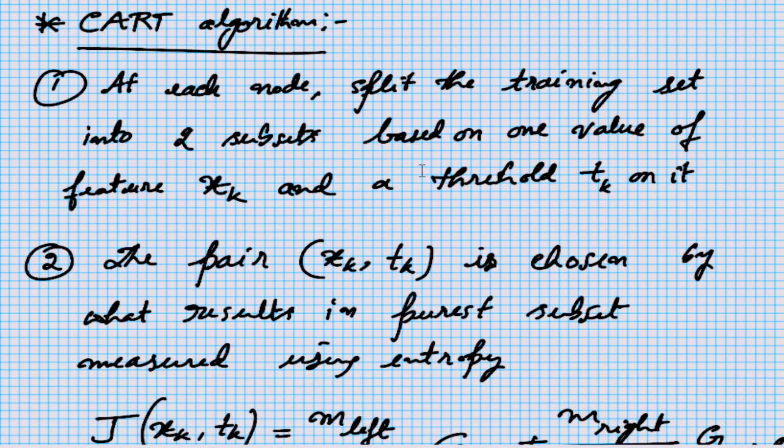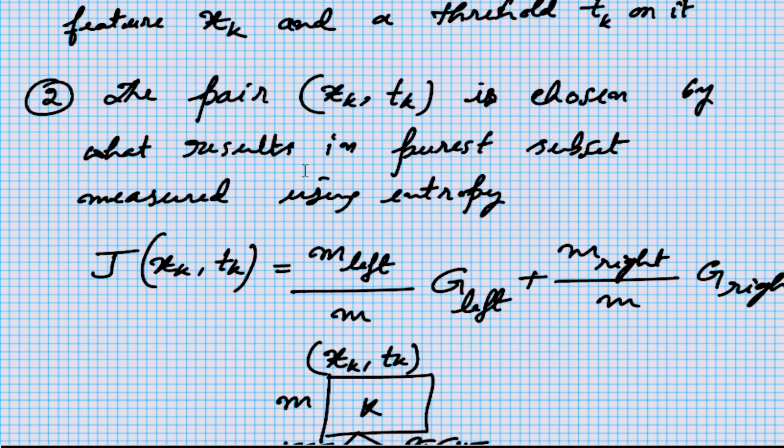For every feature xk, you need to find a threshold tk. More than tk, one class; less than tk, the other class, like yes or no. Now, how do you get to that xk, tk? The next step will answer that.